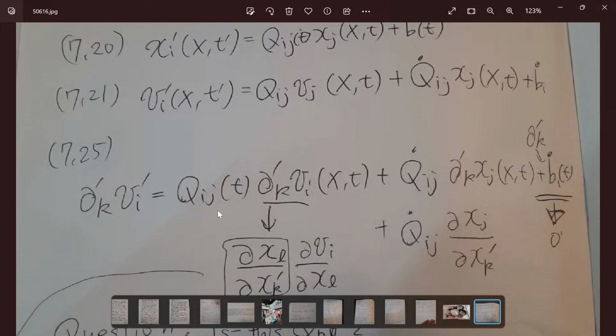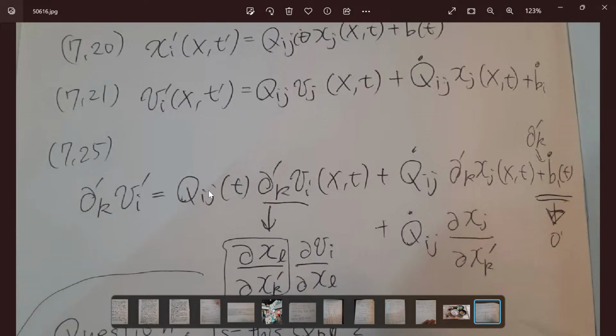I got some confusion. I'm sorry. Is this qij also a function of primed x or unprimed x? Maybe not.